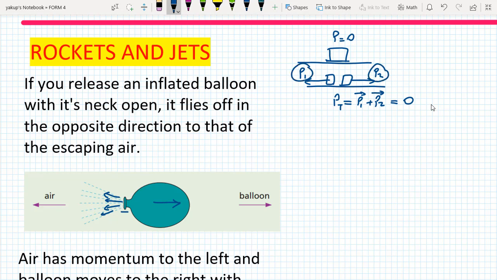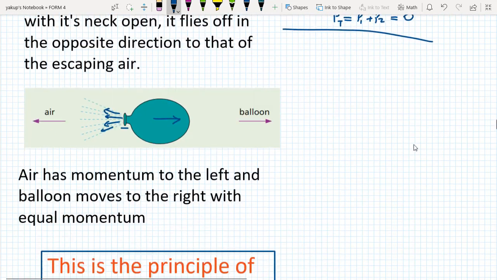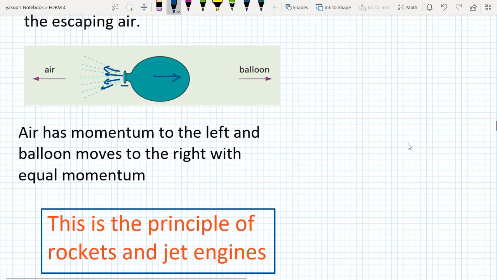It is a similar idea when we talk about the inflated balloon. The air has momentum to the left, P air we can say, and the balloon moves to the right with equal momentum.